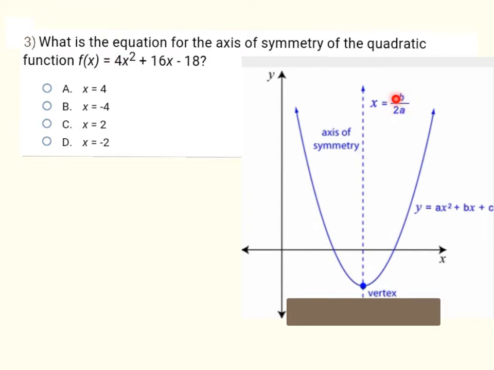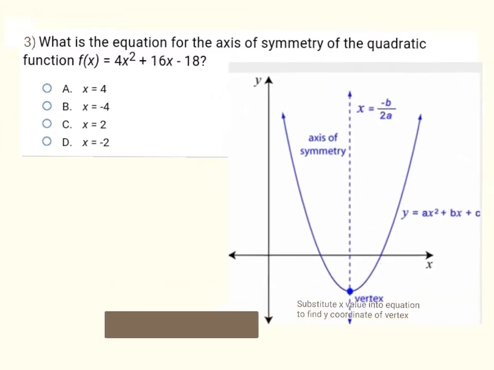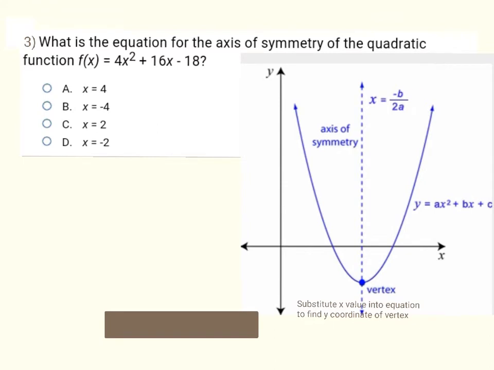You just substitute those in and simplify to get your equation for the axis of symmetry. We also use this formula to get the x-coordinate of the vertex. Once we have that x-coordinate number, then we have to substitute that back into the original equation to get the y-coordinate of the vertex. We'll look at a couple of those examples later on.